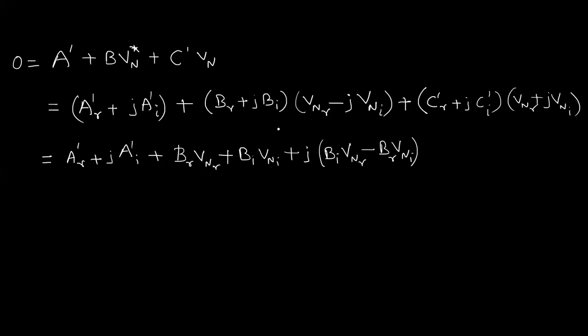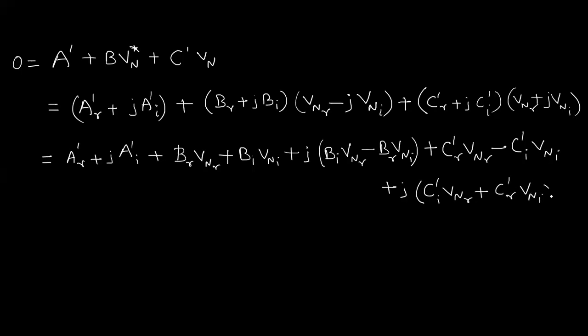So I just performed the complex operations, plus C dash R VnR minus C dash I VnI plus j times (C dash I VnR plus C dash R VnI).